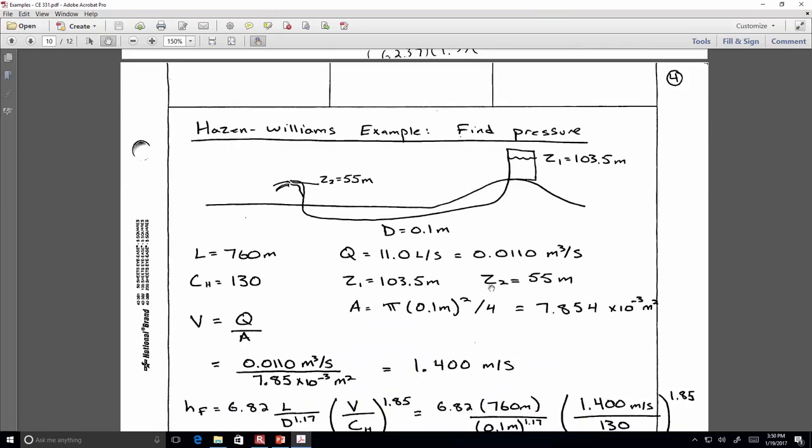The last example we're going to work today compares the two, and it shows that the Hazen-Williams equation is easy, but you sacrifice some accuracy. So for instance, when we're using WaterCAD or WaterGEMS for design, we don't care if it takes the computer a few extra cycles to converge on a solution for f, and so we'll always tell it to use the Darcy-Weisbach equation for calculating its head losses.